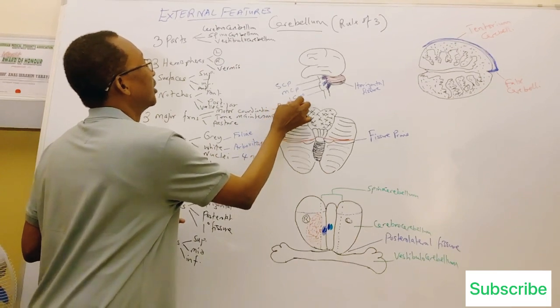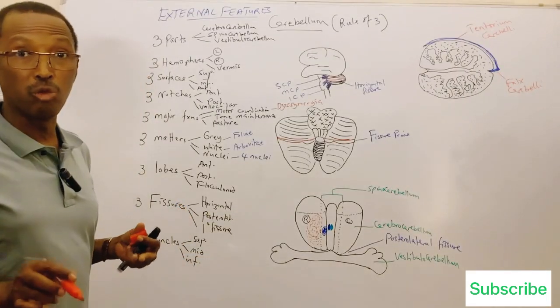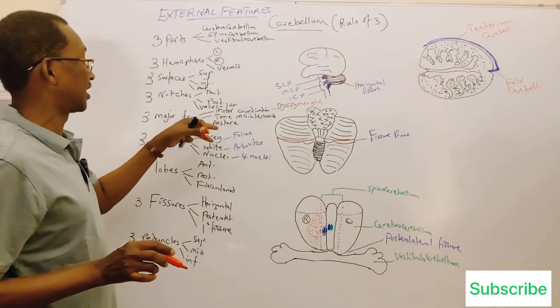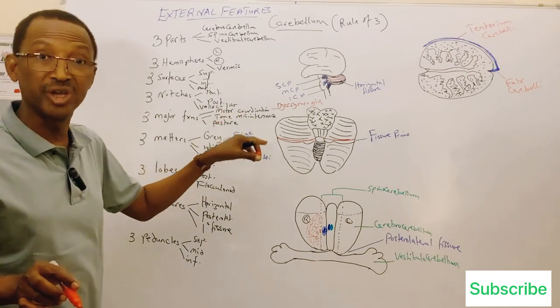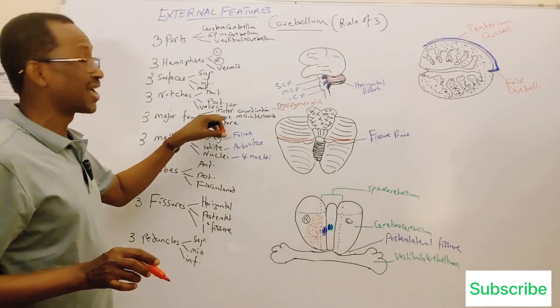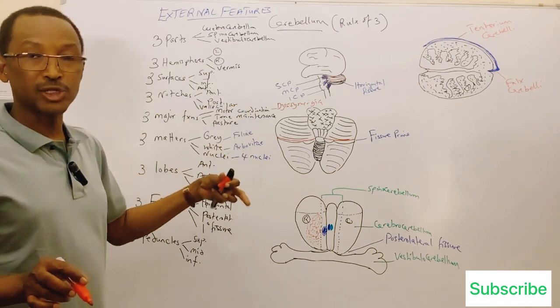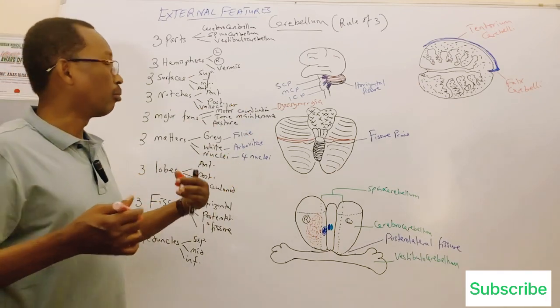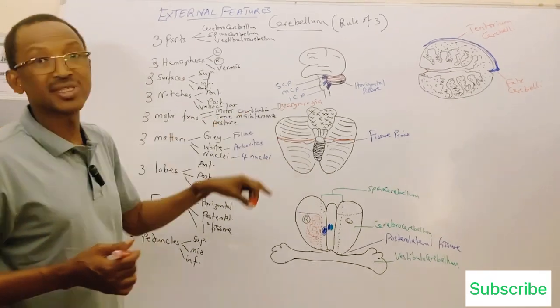Dyssynergia means lack of coordination of motor movement, because I've already made mention that one of the functions of the cerebellum is motor coordination. So once you have a cerebellar lesion, you have lack or absence of coordination of our voluntary motor activities, and that is what is called dyssynergia.